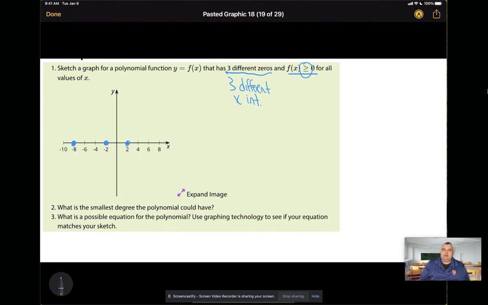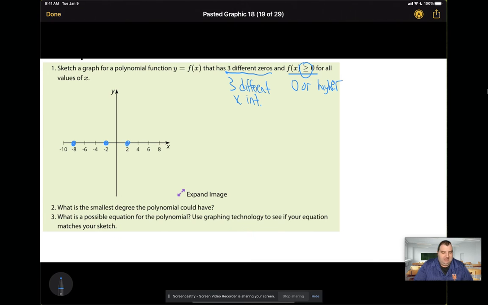So greater than or equal to 0 means f of x has to be 0 or higher. So 0 or higher means it needs to stay above the x-axis. In other words, it's never going to go below because the value of f of x is going to be 0 or higher. It won't go in the negative direction.